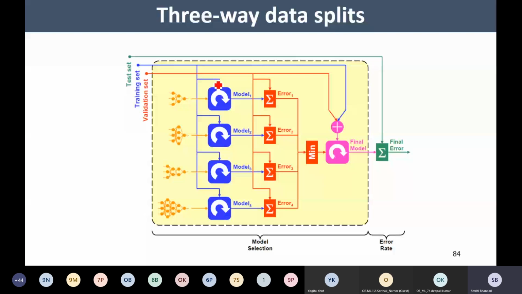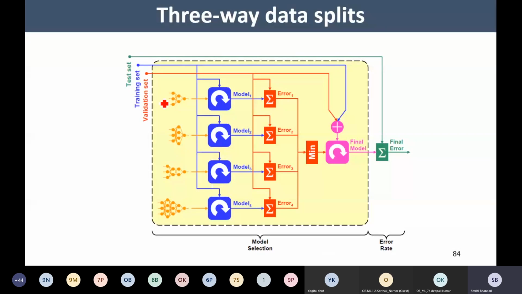So I'm giving you this homework: just try to understand whatever is mentioned in this figure. All these 6 steps are included in this figure also. So this figure also demonstrates the three-way data splits and the entire flow of how we create the final model.